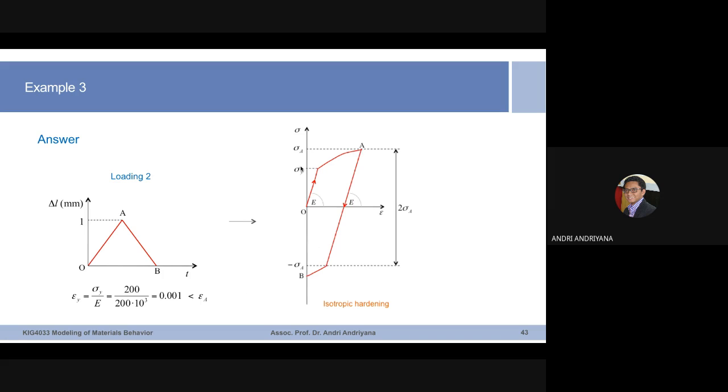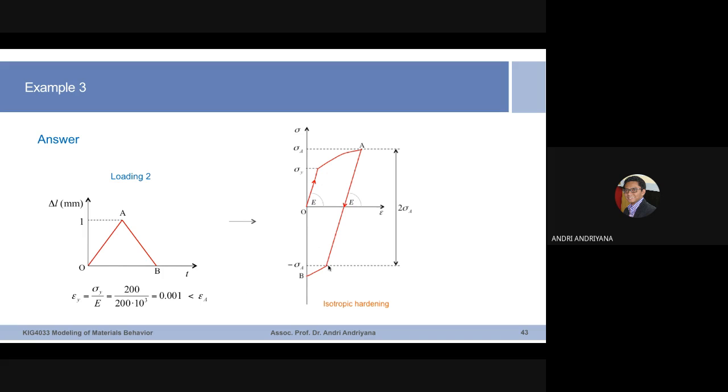So if the initial yield strength in tensile is sigma y here, and the initial yield strength in compression is minus sigma y, then because you deform it plastically, the materials undergo strain hardening, the new yield strength in tensile becomes sigma A, the new yield strength in compressions becomes minus sigma A. If you find this kind of stress strain curve, then your metals experience a type of hardening which is called isotropic hardening.